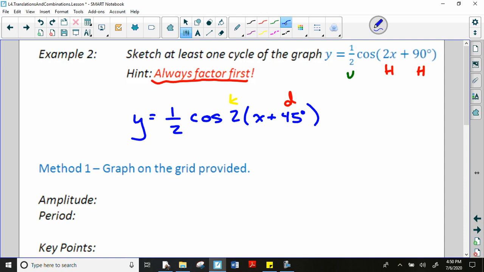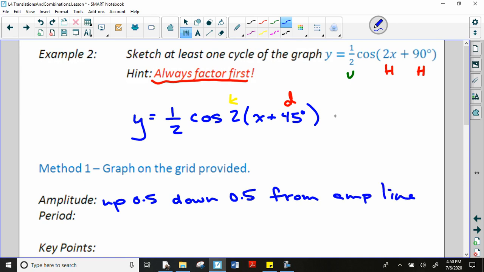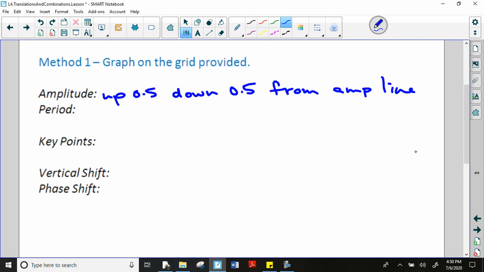But what does that do? Amplitude, first of all, we're either going to go up 0.5 and down 0.5 from the amp line. In our case, the amp line stays at 0. Period.